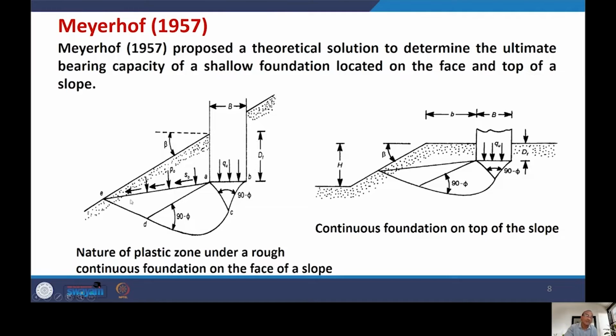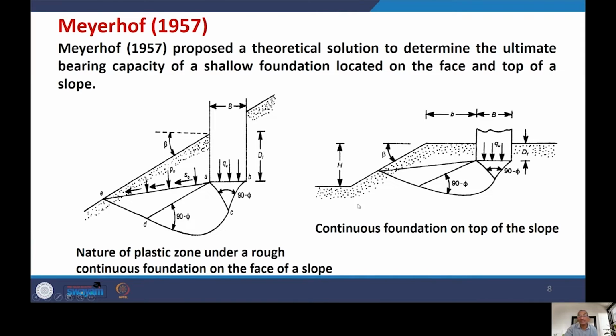Now, we have three zones as in the usual bearing capacity: this angle is 90 minus phi, that means 45 degrees plus phi by 2, and this is also 45 degrees plus phi by 2. This is normally considered linear, and then this is a log spiral. If you make an angle 90 minus phi, where it cuts at B, and extend this log spiral, it will join at point E. So this way we have all the details here.